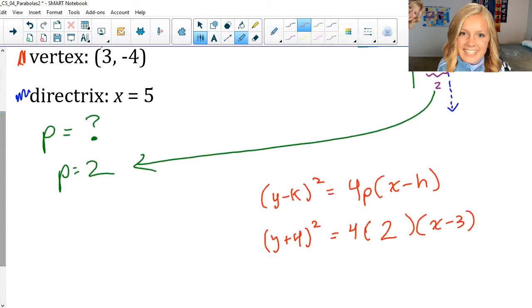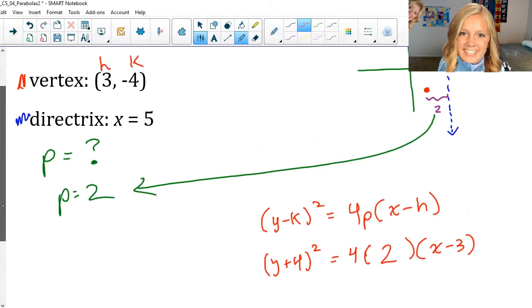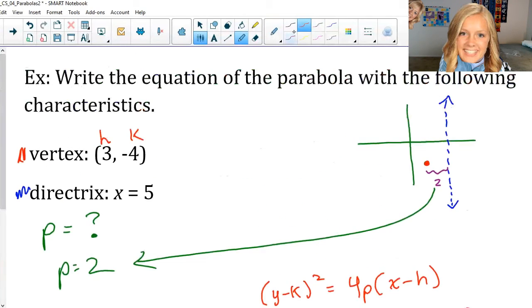But one other thing. Since this is opening to the left, this parabola would open this way. Again, I'm just sketching. Since it opens to the left, actually, this value of p should be negative, right? So we have to think about that. Don't just go based on the distance.